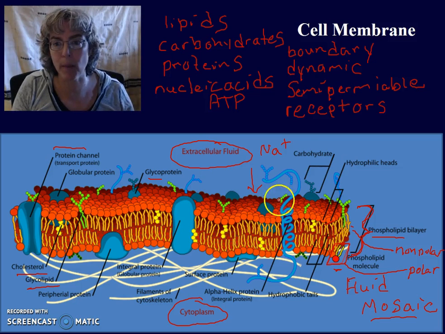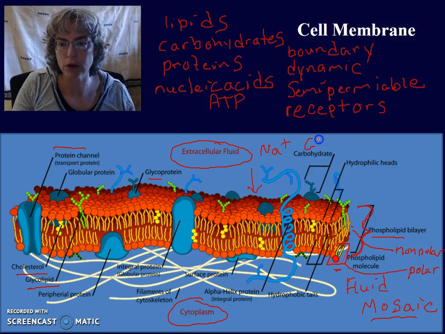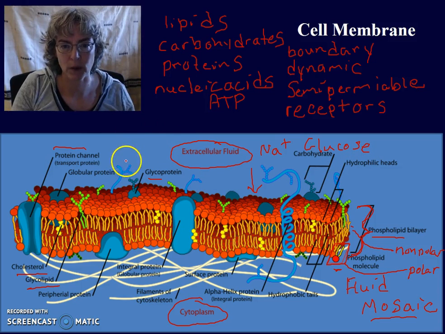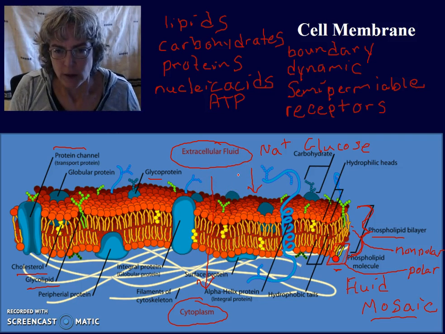Or big molecules like glucose cannot get through. But little molecules can. And we're going to talk more about that. So little molecules that are not charged can actually get through.